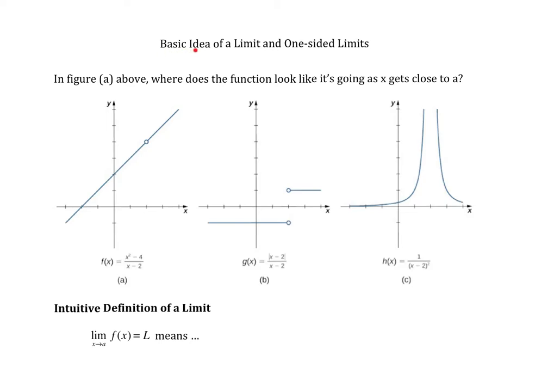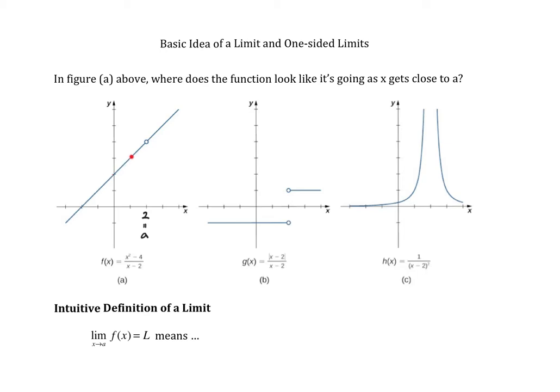Let's talk about the basic idea of a limit and one-sided limits. So let's look at this graph on the left-hand side over here. I'm going to call this point right here 2. This point 2, I'm going to call this A. When I look at this graph, I ask myself, where does it look like this function is going as the x values get closer and closer to 2?